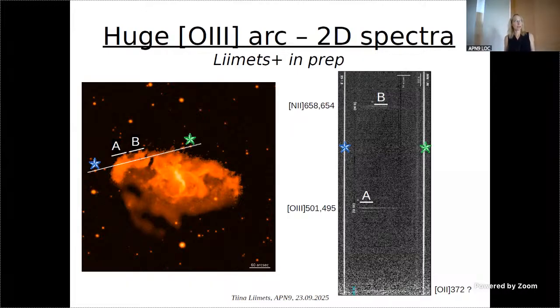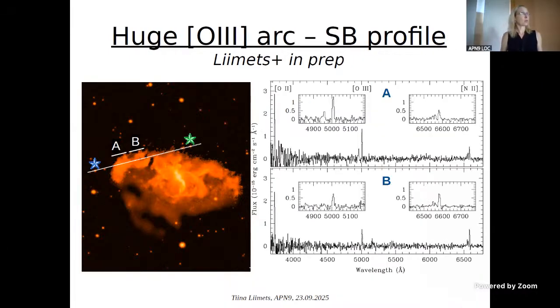So what we did was that we combined along the slit and defined 2 areas, A and B. A was here where the oxygen-3 was the brightest, and B was here where the nitrogen-2 was the brightest. Then we got combined surface brightness profiles, and we hoped to gain more signal to noise to see more lines, but we didn't.